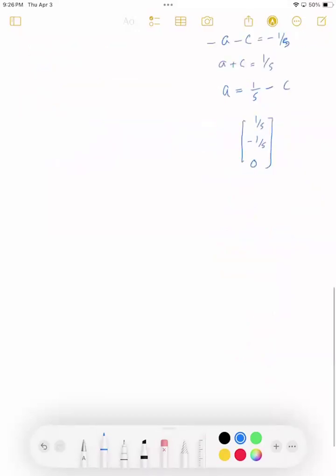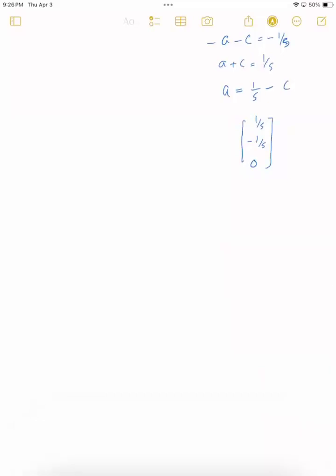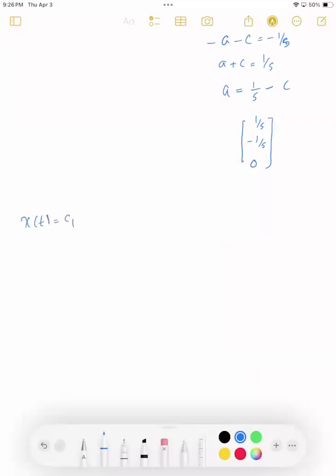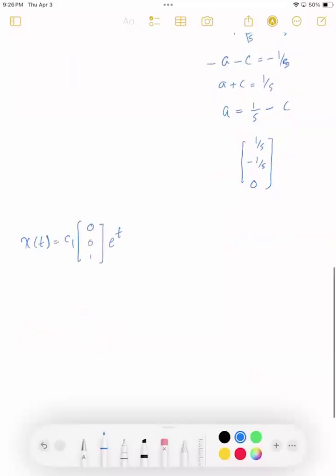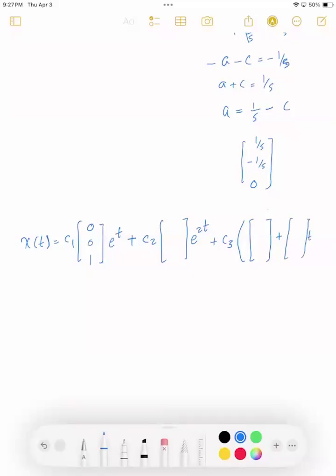Now, how do I put the answer together? So our answer x of t is equal to c1 times 0, 0, 1 plus c2 e to the power 2t plus c3 e to the 2t.